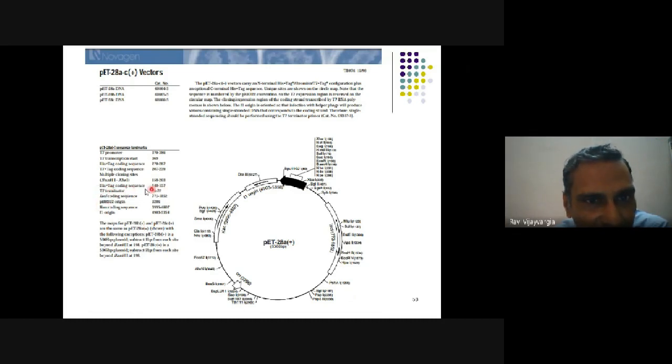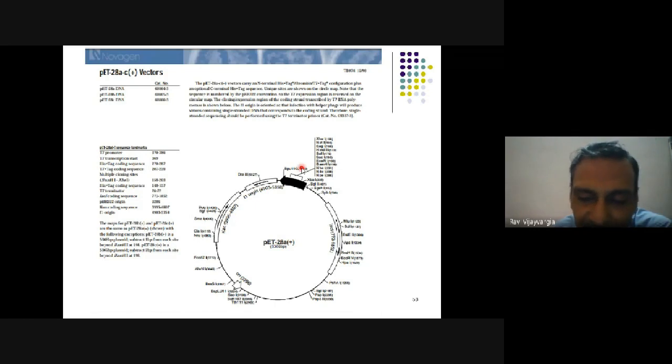Between 140 and 157 base pairs, the his tag sequence is there. You can have his tag either at the N terminal or C terminal of the protein. Here there is another his tag sequence between 270 and 287 residues. So basically, if you clone genes in such vectors, the proteins produced will have his tag.